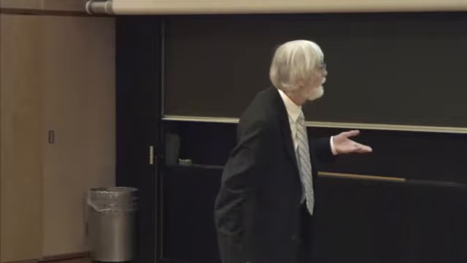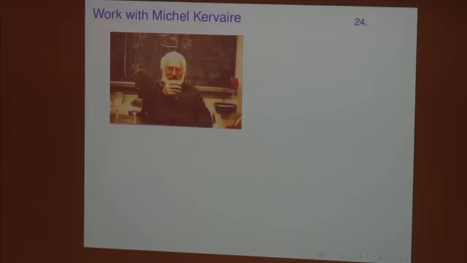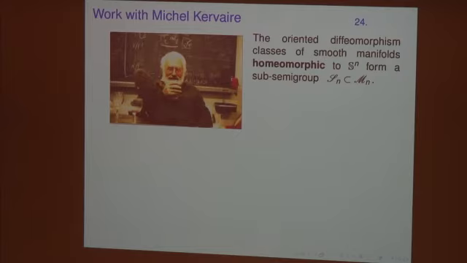Well, more generally, let me describe work now with Michel Kervaire. I'm simplifying here a little bit. What we actually considered was homotopy spheres up to an operation called h-cobordism.